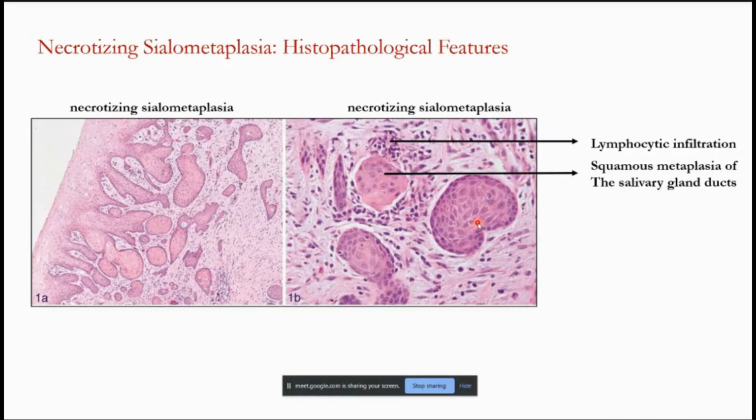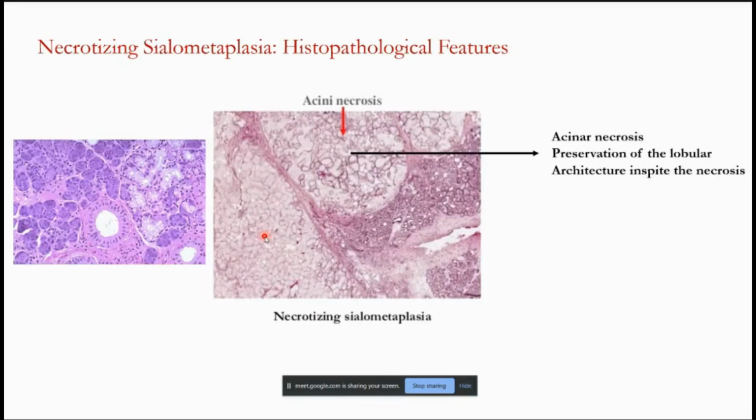And how will you differentiate it from a malignant disease process is that in malignancy you will see a lot of pleomorphism, dysplastic features, atypical mitosis, all those features which we have discussed in dysplasia will be seen.